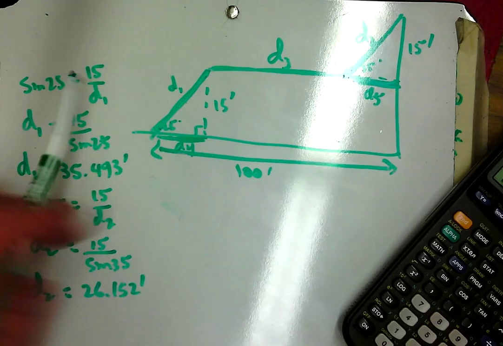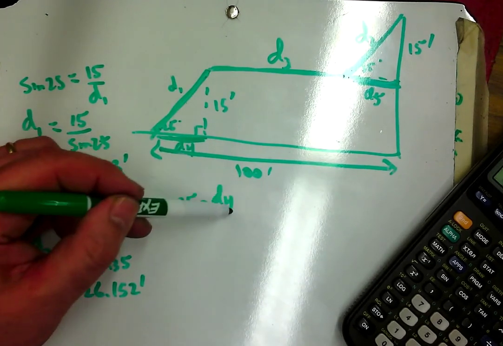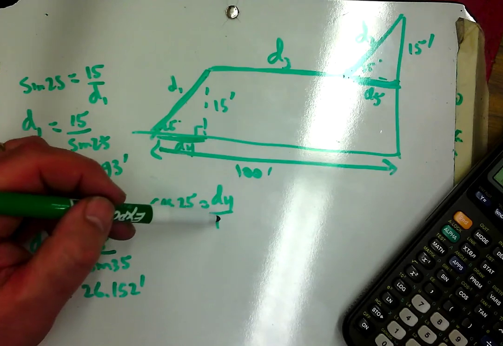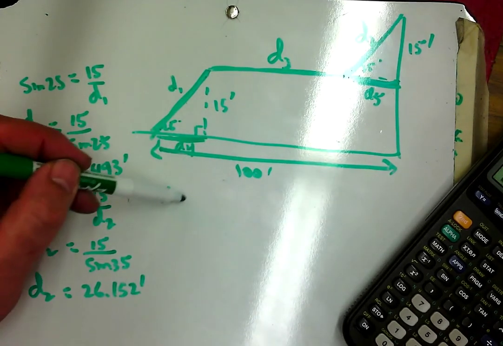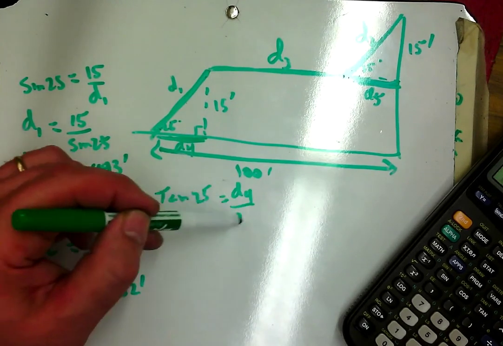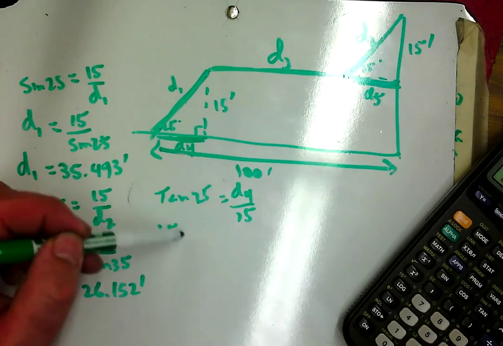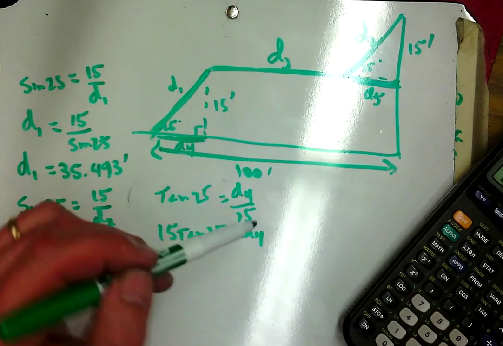I know that tangent 25 is 15 over D4, so D4 is 15 over tan 25.